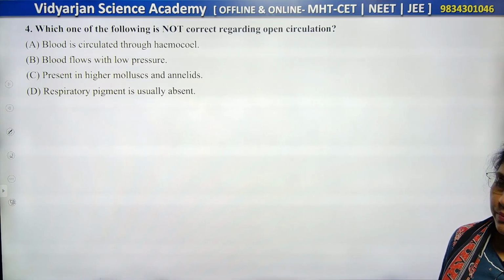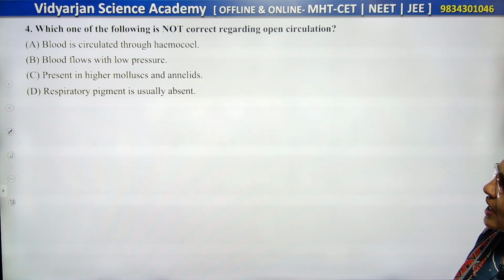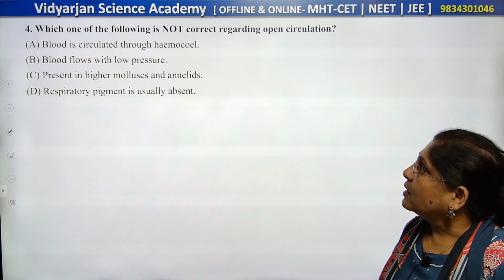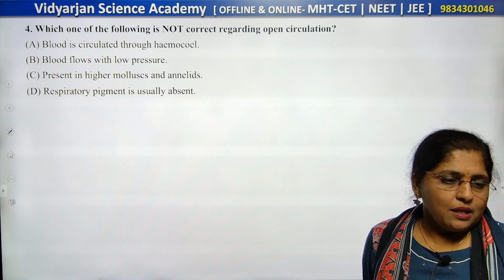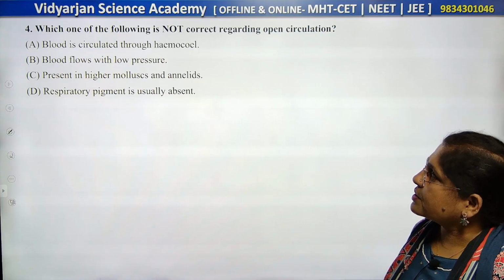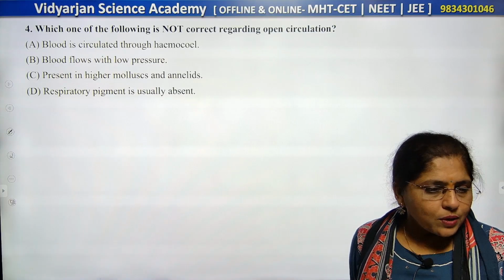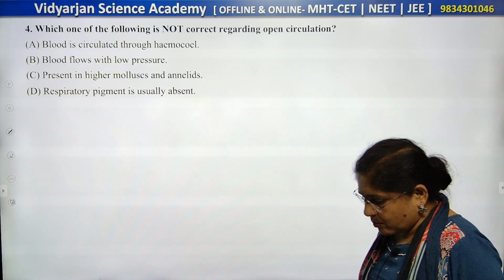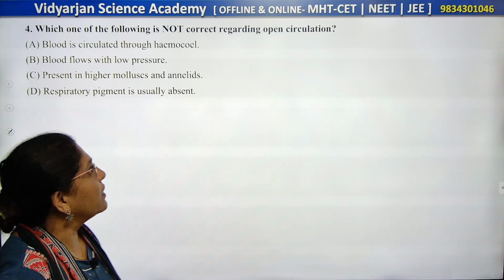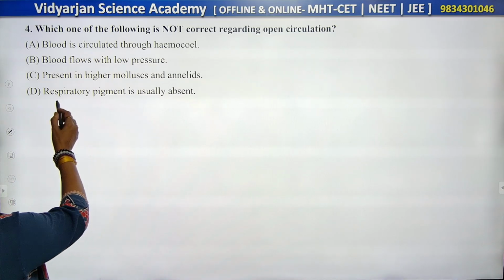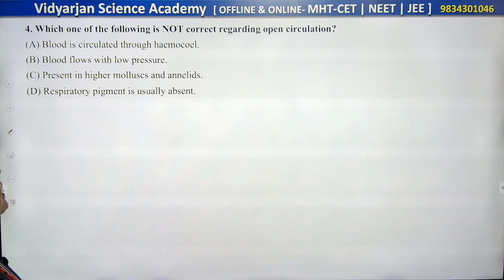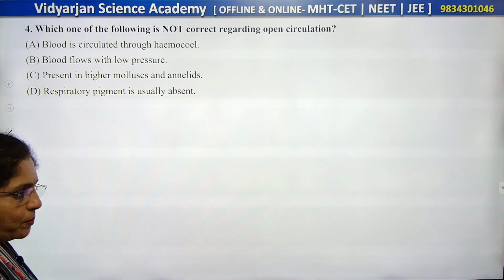So we are supposed to see the options. A, blood is circulated through hemocoel. Next option, blood flows with low pressure. Number 3, that is C, present in higher molluscans and annelidans, right? And respiratory pigment is usually absent. So what should be your answer? They are asking which is not correct regarding open circulation.